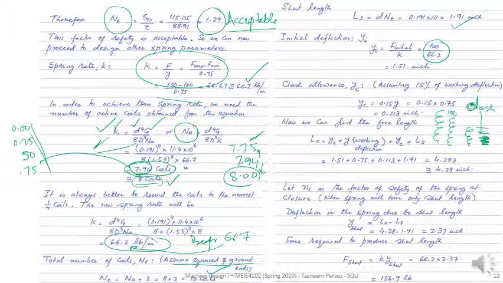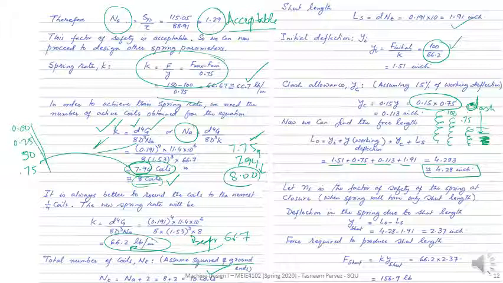Okay. So I know the initial deflection. I know the working deflection, which is 0.75, that I already know. And I can calculate the clash allowance, which is 15%, I have taken. So if I take the initial deflection, working deflection of 0.75, clash allowance is this, solid length is this, I get this is the free length of this spring.